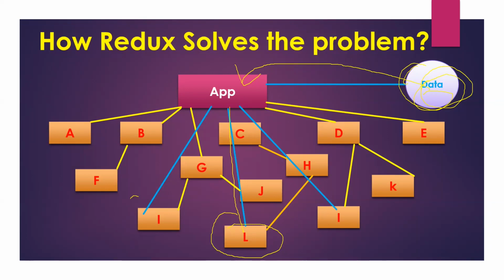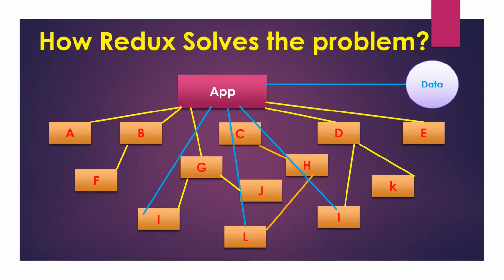That means in whichever component the data is required, it doesn't have to pass through its child components. Directly it can be accessed from a central place that is called, in React Redux, the store, which we will discuss later in this video.